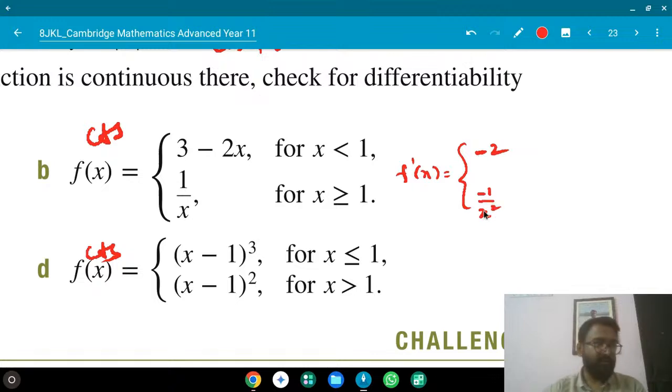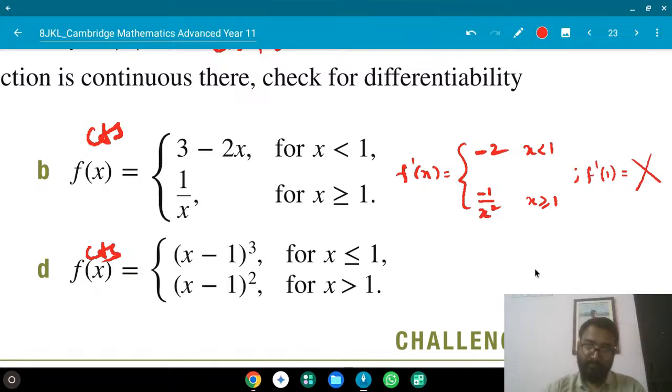Is it clear? Here it is x less than 1, and here it is x greater than or equal to 1. So at x equals 1, what is f dash 1? On the left side it is minus 2, but at x equals 1 on the right side it is minus 1. So it will not exist. Is it clear?